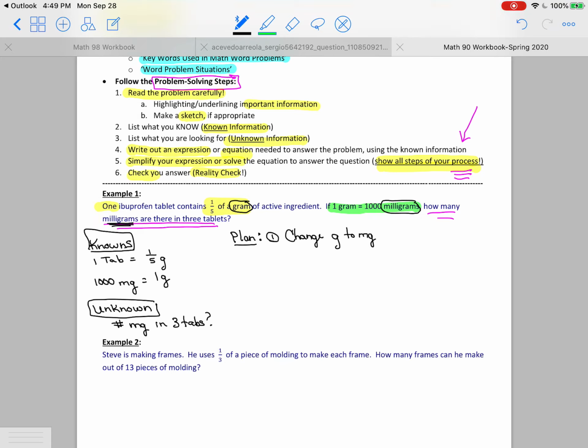Grams to milligrams. I want to do that. Okay. So I know that for my 1 tablet here, I have 1/5 of 1 gram. And here we go. Here we have this word of. It is following a fraction.